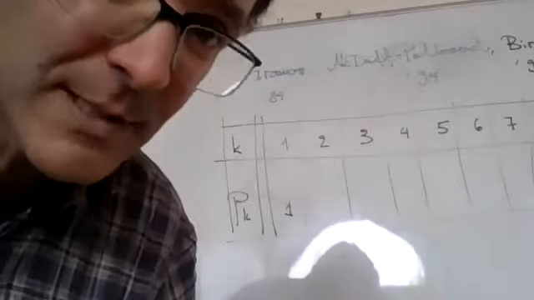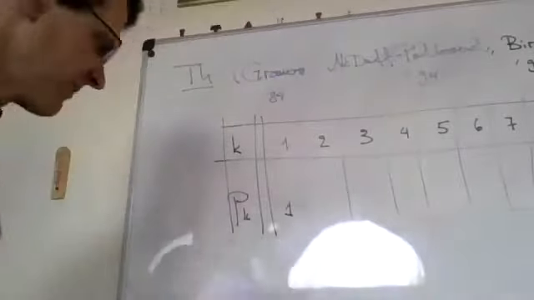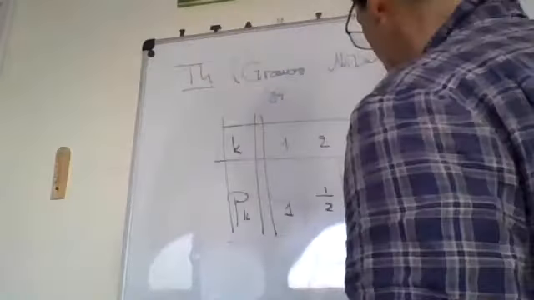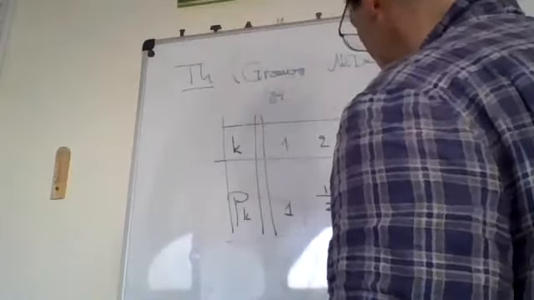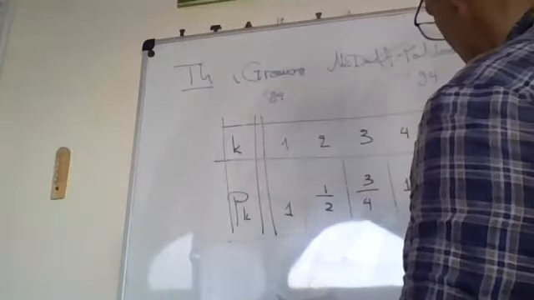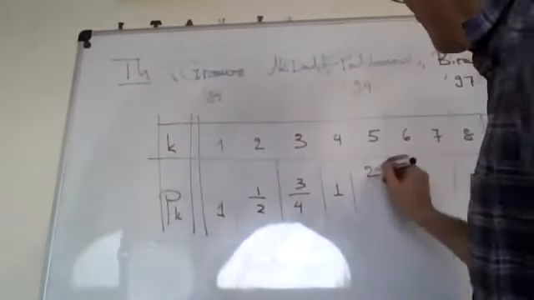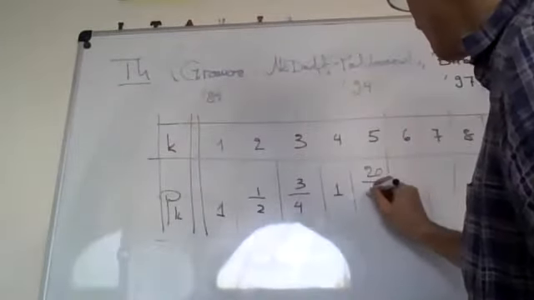And then in everything we do, we can discuss what it means. So here it's 1/2, and here it's 3/4, and here it's 1, and here I write it on purpose in a very strange way. 20/25.